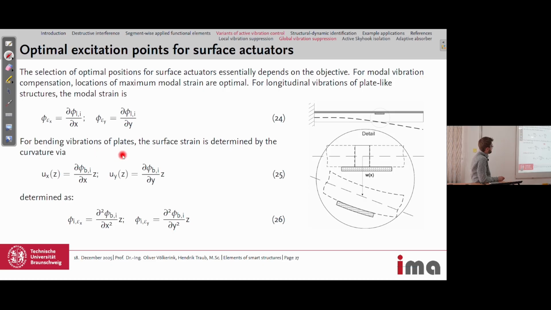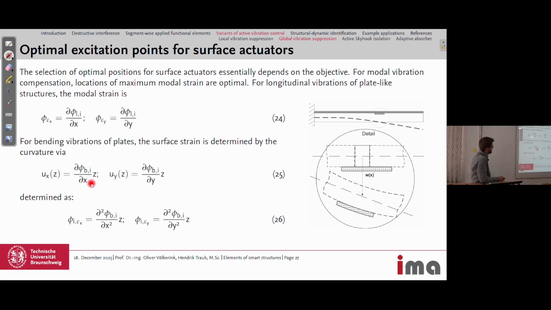And for the bending vibration of plates, it would be the surface strain, which is determined by the modal strain times the z coordinate.